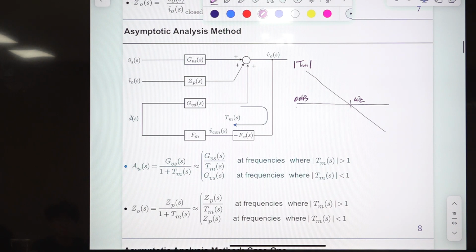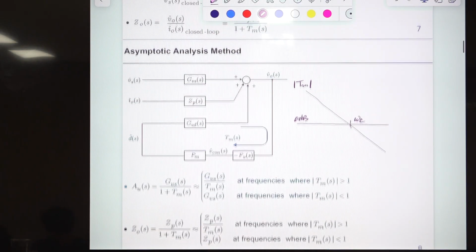All right. So, the asymptotic analysis method.